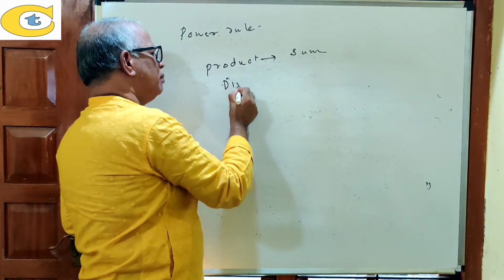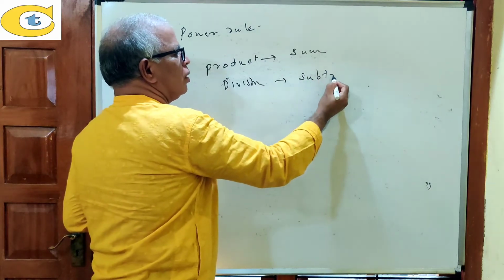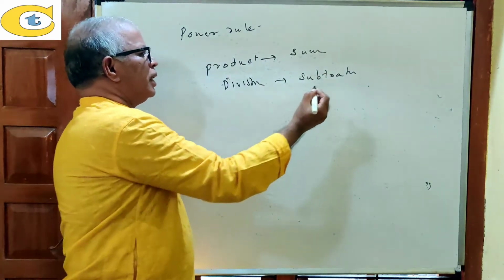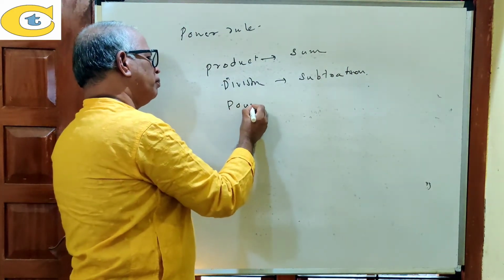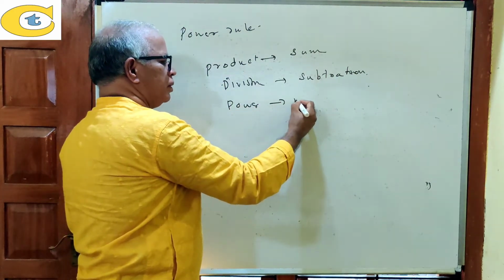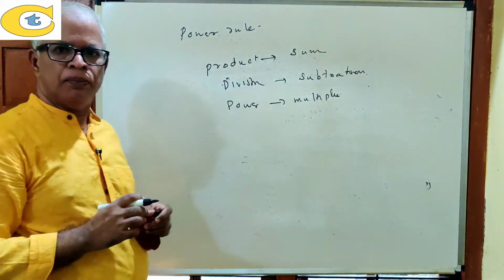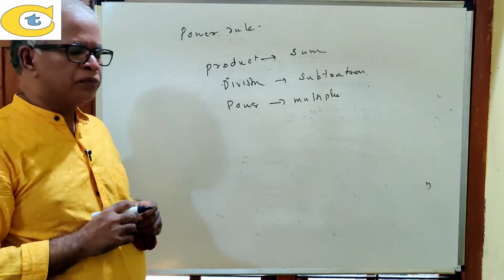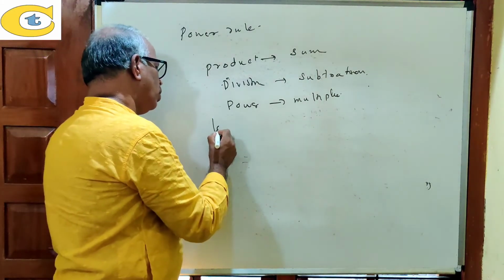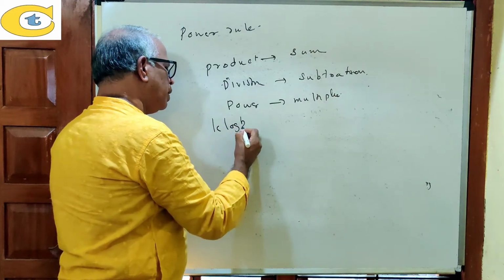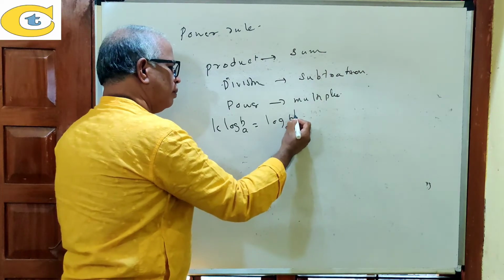Division becomes subtraction. Power becomes multiplication. What we saw: product becomes sum, division becomes subtraction, power becomes multiplication. So k log b to the base a is equal to log b raised to k to the base a.